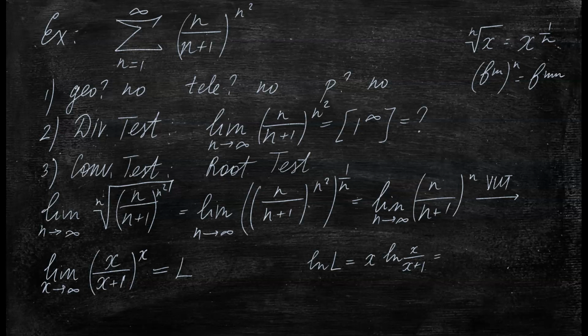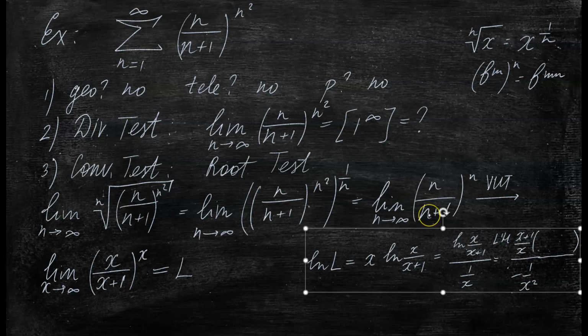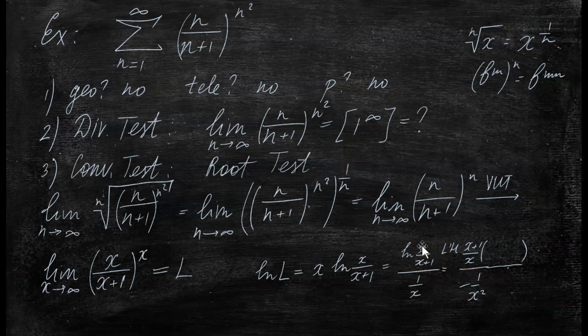and this then can be rewritten as ln of (x over x plus 1) over 1 over x, and then we can use L'Hopital's rule, so it's going to be -1 over x squared in the denominator, and in the numerator we're going to have the reciprocal of that, so x plus 1 over x, times the derivative of what's inside of ln, which we get using the quotient rule: the derivative of the numerator is 1 times x plus 1 minus x, divided by x plus 1 squared.